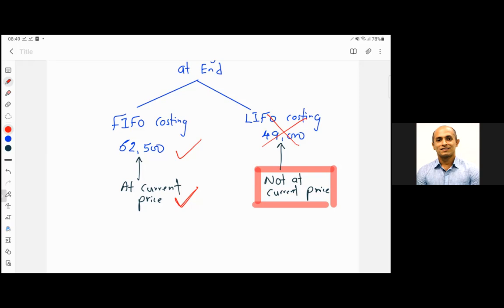But there are businesses where inventories move very fast, like supermarkets. The inventory holding period is much shorter.